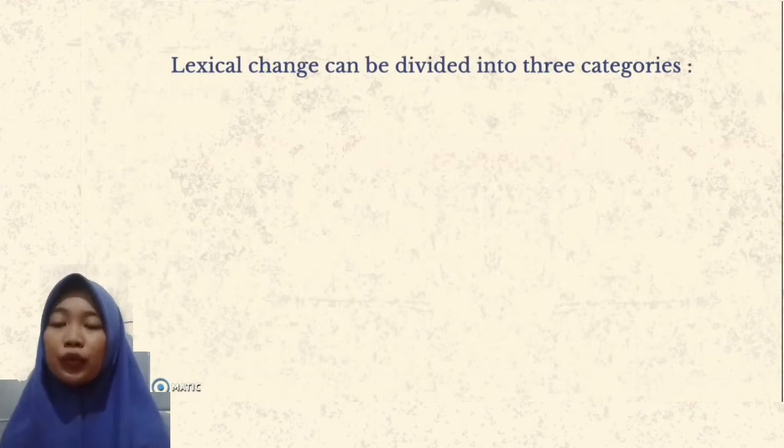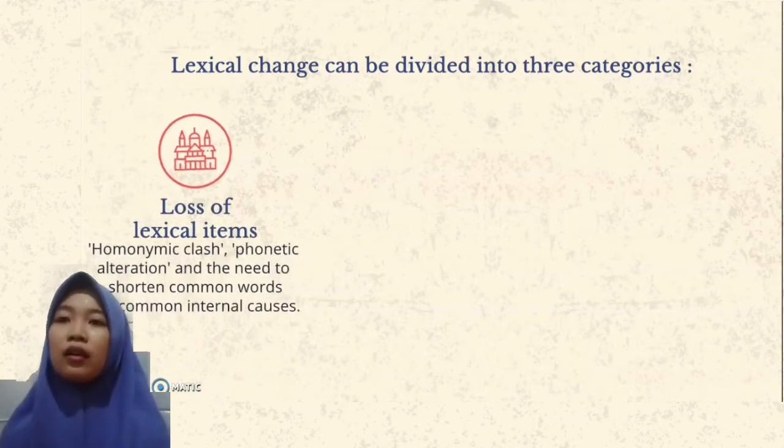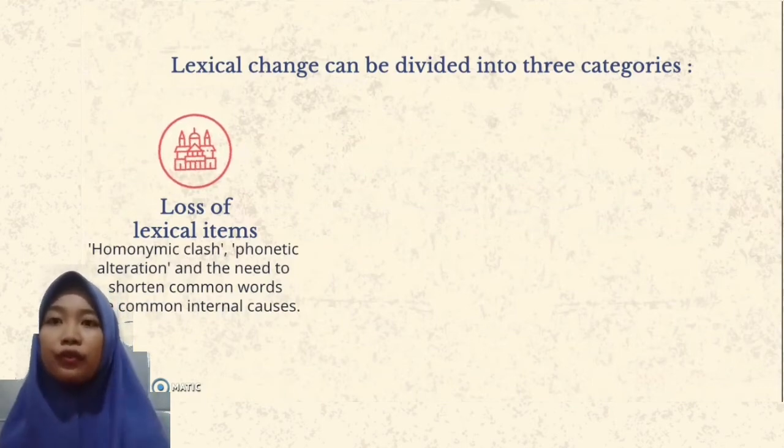Lexical change can be divided into three categories. First, loss of lexical items. Lexical loss is a phenomenon in which a particular use of a word disappears.